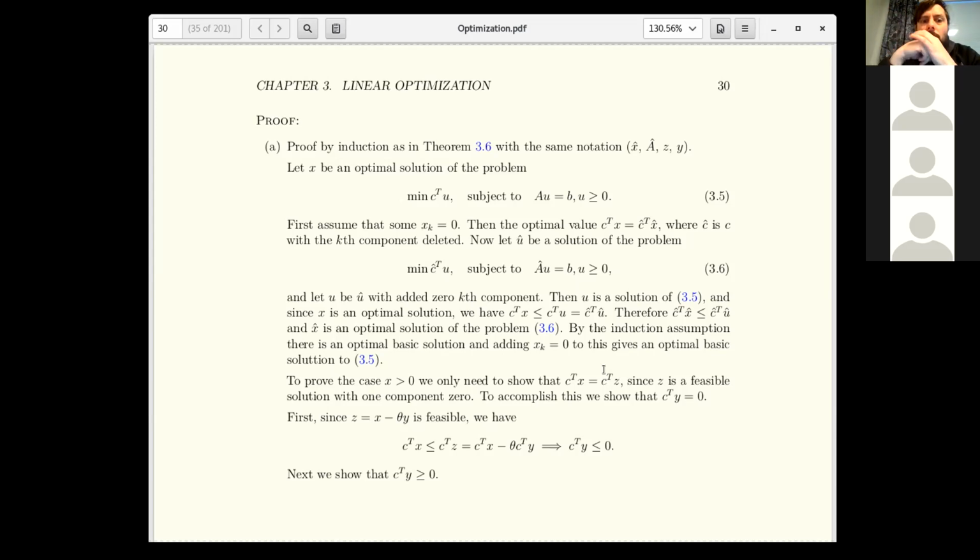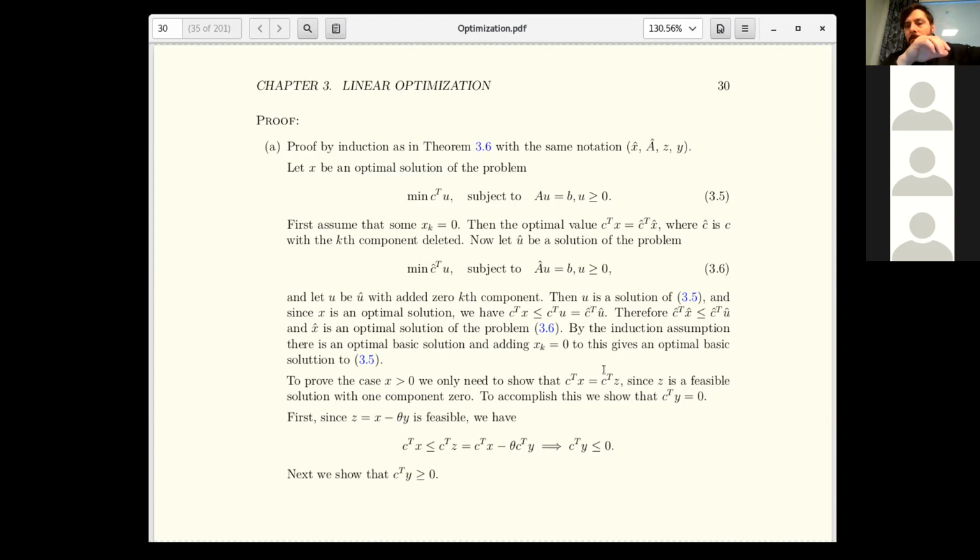Okay, so the basic situation is the same. The inductive base is the same. The inductive hypothesis is also the same. Let's assume that this holds for matrices with fewer columns. And the first thing we do again is assume one of the components in the solution is 0.